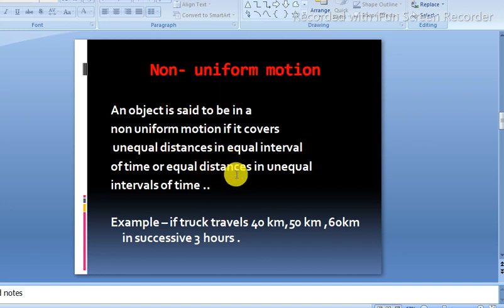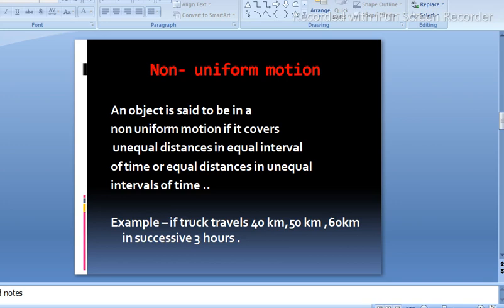You have to remember that always unequal distances are covered in equal interval of time.